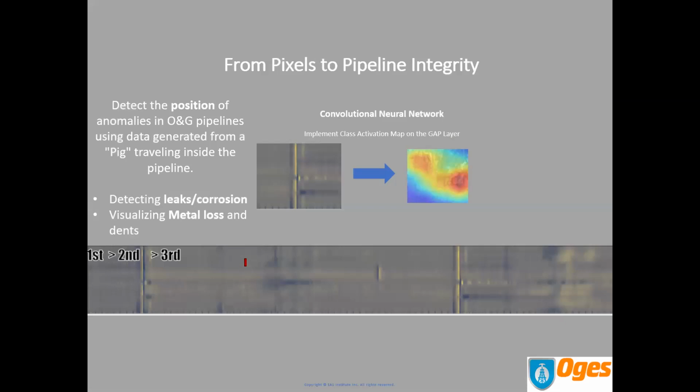The last slide I have here on the computer vision, for example, again, is from a pipeline where you're trying to detect the positions of anomalies in such a pipeline, where we have this thing called a pig that essentially runs through the pipeline, traveling inside, detecting data, and potential leaks and corrosion and metal loss and dents. We can actually see some of these images and try to run it through an autoencoder.